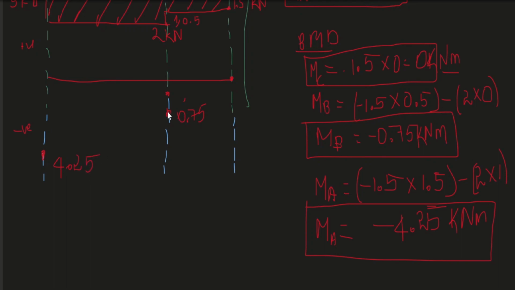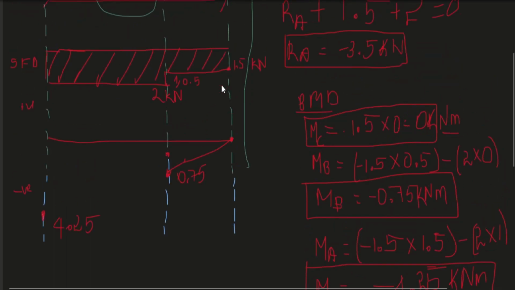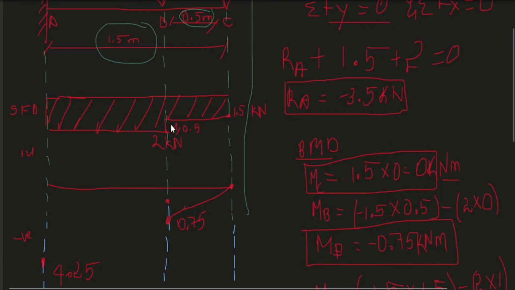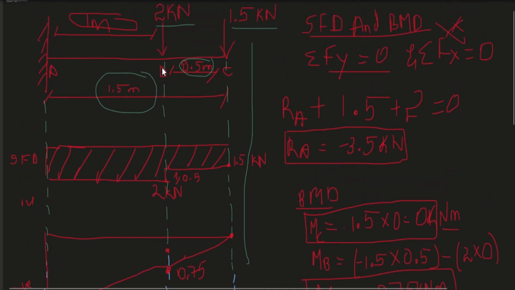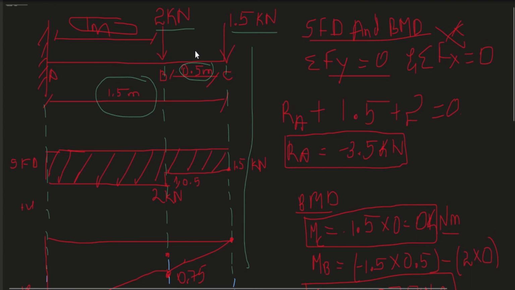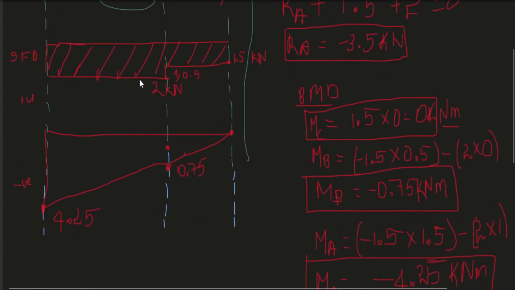So it varies linearly. Since the shear force is a straight line, the bending moment varies linearly. Always remember that. If in the shear force the load is a UDL or trapezoidal load, then it will be a slope, that is, you'll get a sloped line in the shear force and a parabolic curve in the bending moment.